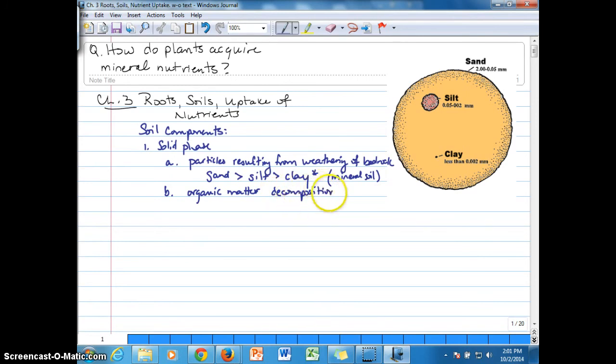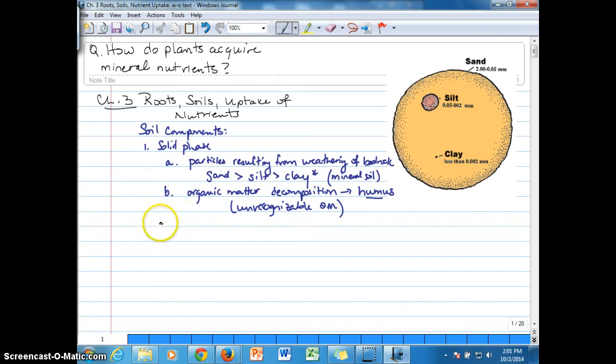So organic matter decomposition, and into a form of unrecognizable organic matter, which is called humus. So remember, that's unrecognizable organic matter. No longer can recognize it as a leaf, in other words.